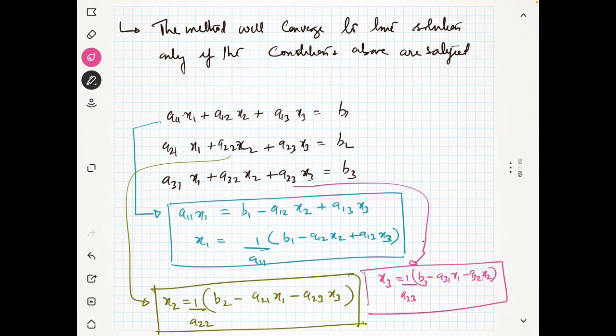So you got everything. You will first find x1, then x2, then x3, and after that you will use x1, x2, x3 from the previous iteration and proceed. First we will solve a problem, then it will be very easy for you to understand. Now let us see a problem.